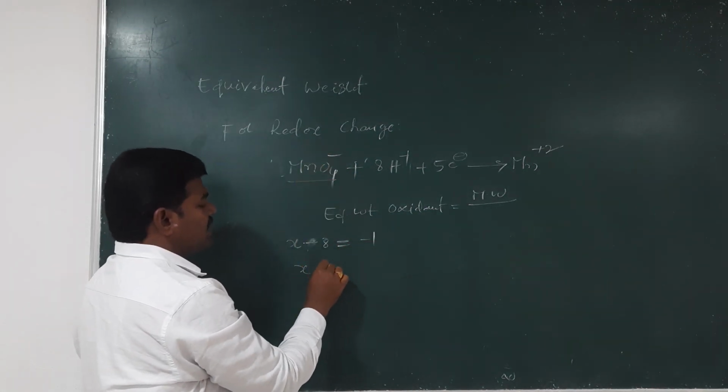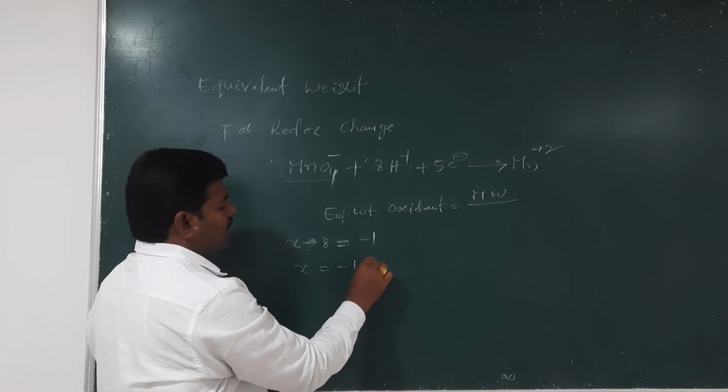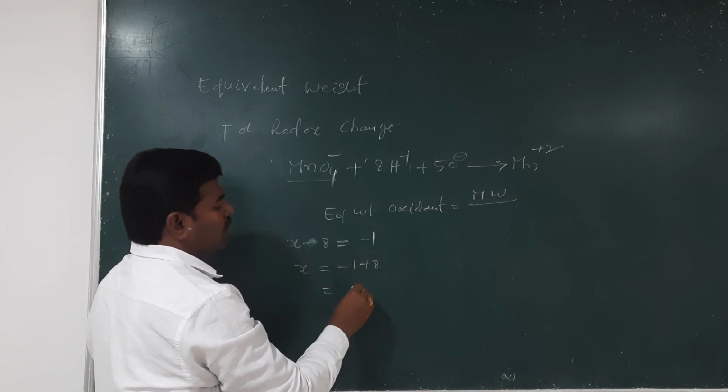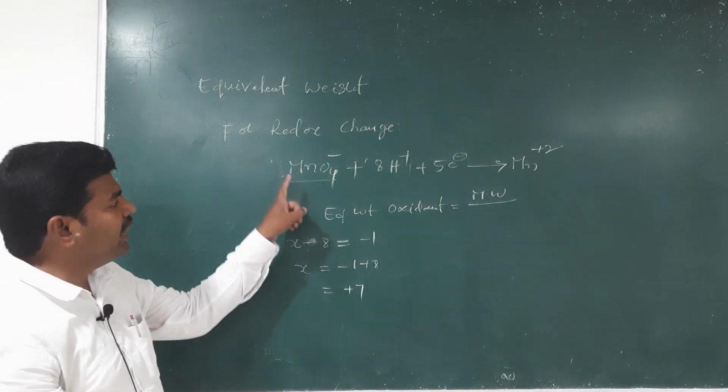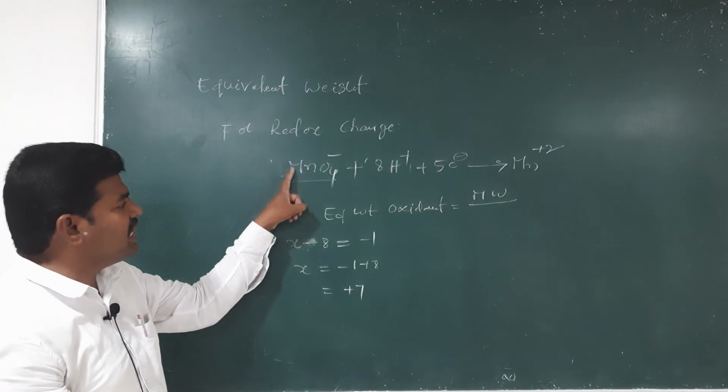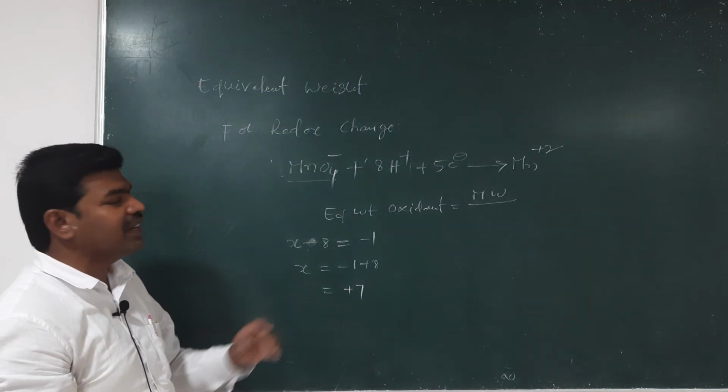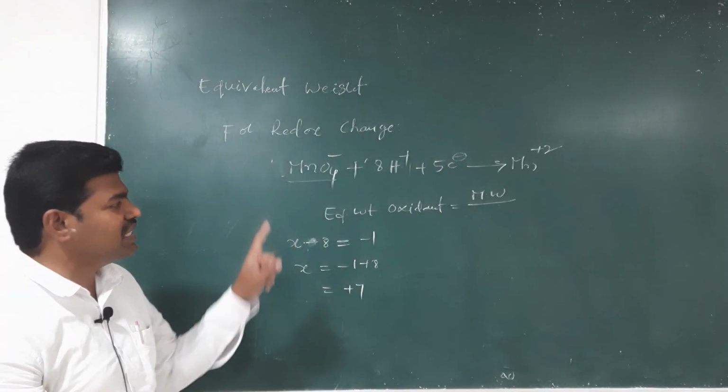So x equals minus 1 plus 8, that is plus 7. So the manganese oxidation state is plus 7.